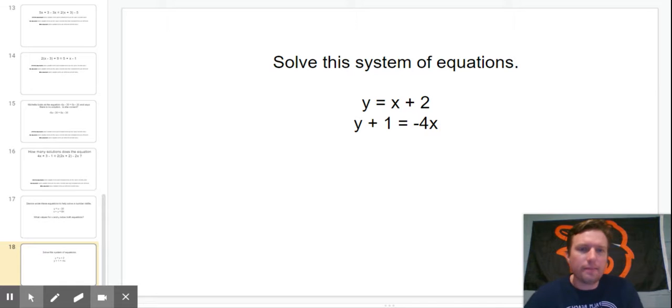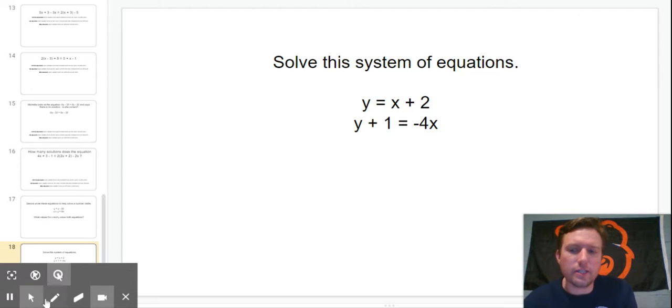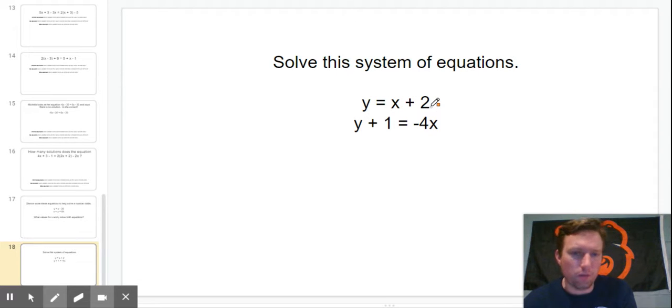Now, again, we want to look at these equations to see what we know. Since we see that y equals x plus 2, and then in the next equation, y plus 1 equals negative 4x, we can use a strategy called substitution.